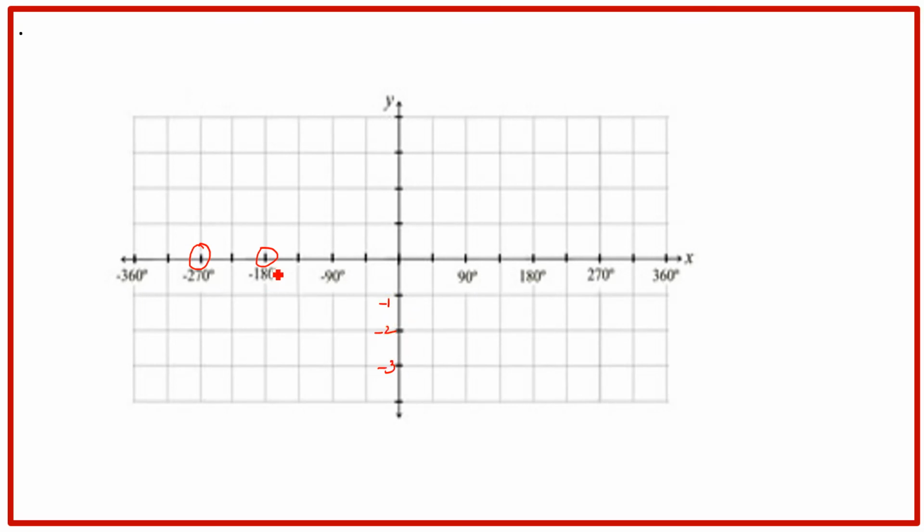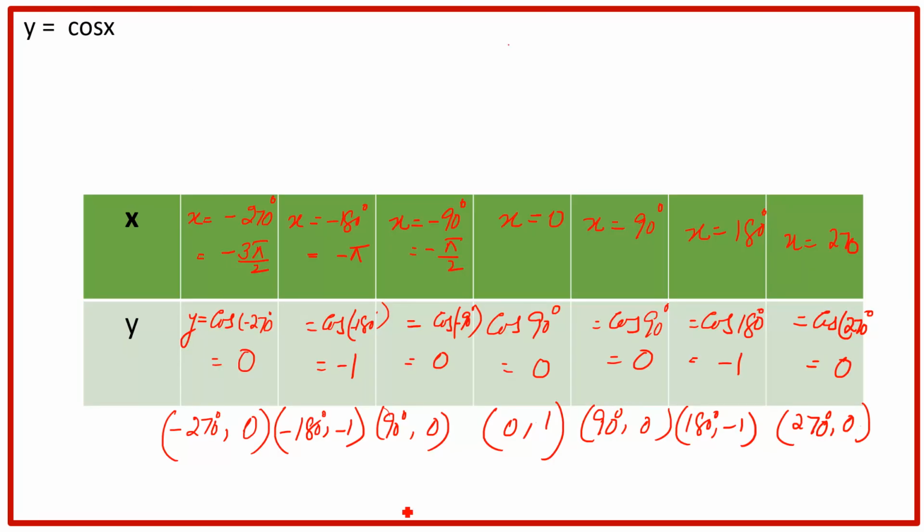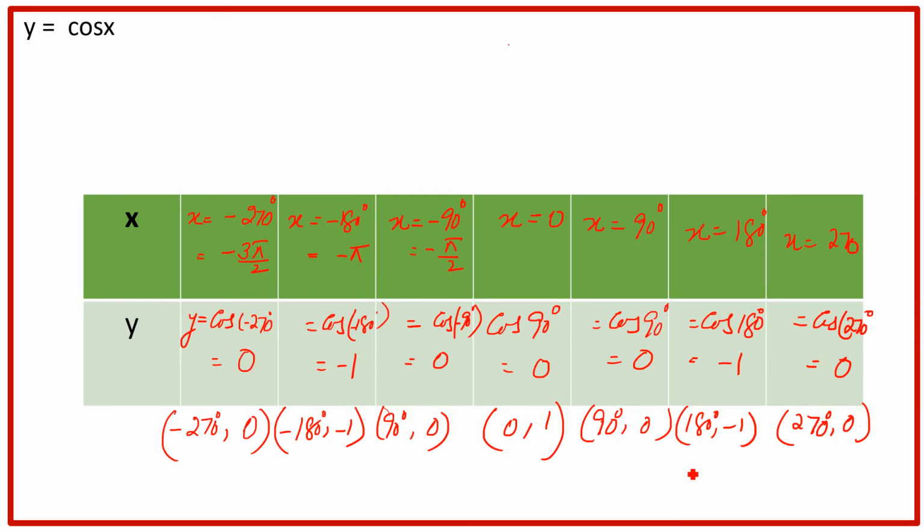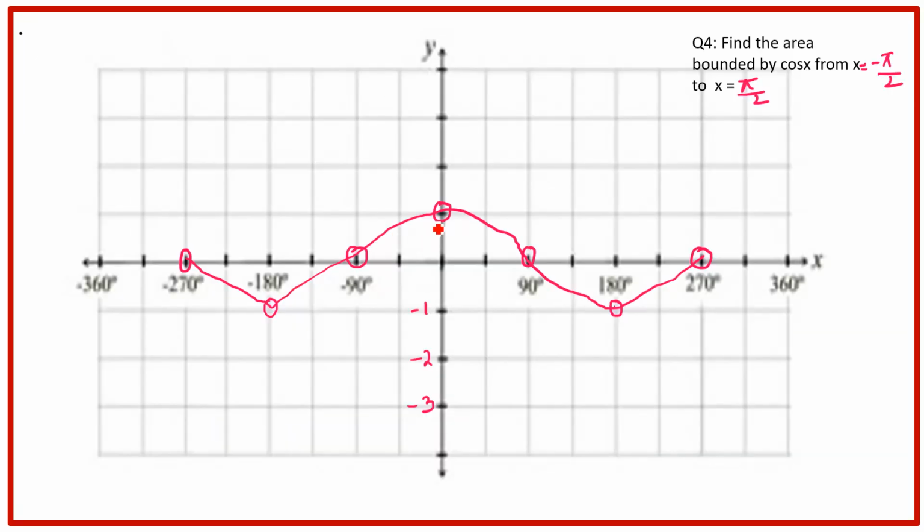We will get one point here. Move on to the third, 90 and 0. So positive 90 and 0, the y-axis is 0. Similarly, you have to mark all these points, which I have already done for you. Then join all these points, and we will get this type of graph.